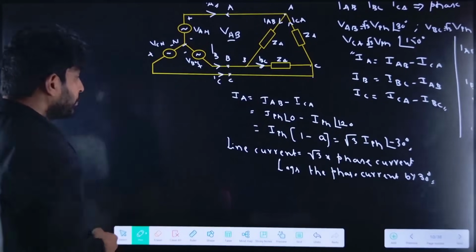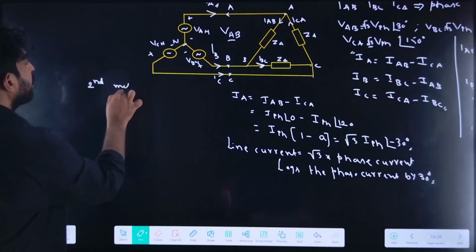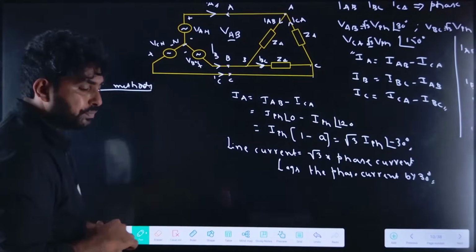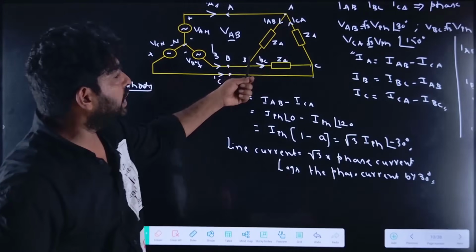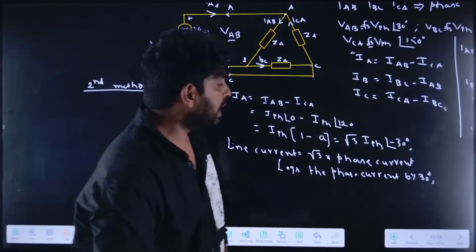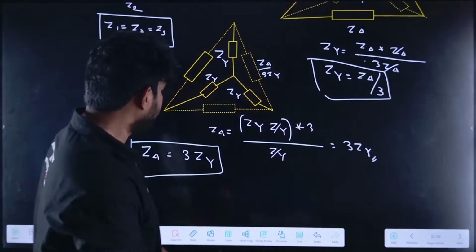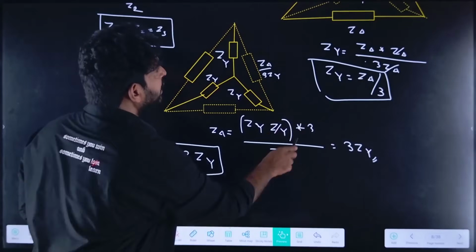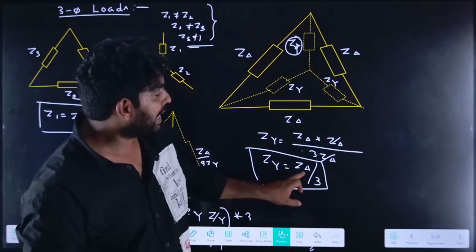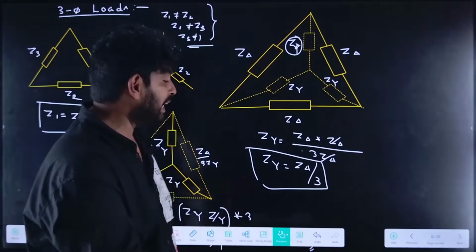Second method, which you can apply for your problem. If I convert this delta into star, as we have already derived, Z star equal to Z delta divided by 3.